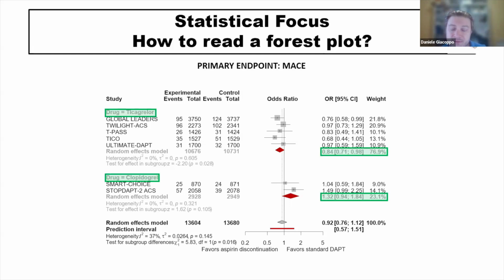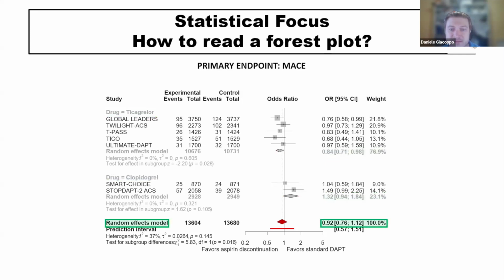Three quarters of the available information is included in the ticagrelor group compared to the remaining weight in the clopidogrel group. The corresponding p-value is significant for the ticagrelor group. Visually, the diamond doesn't cross the null line, and the test for subgroup effect is 0.028.